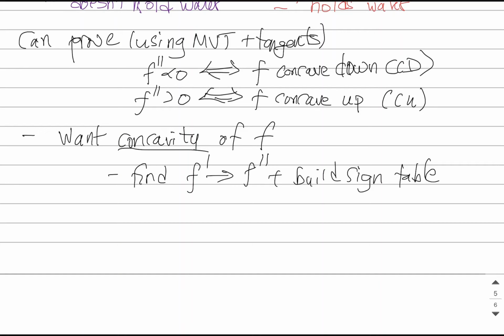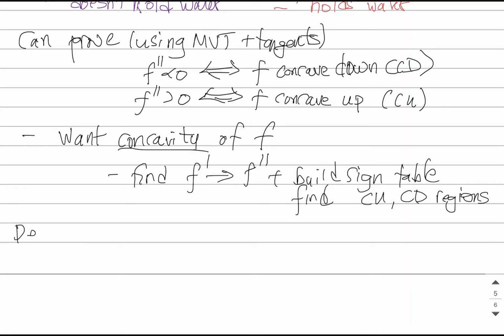Wherever the second derivative is positive, my function will be concave up. Wherever my second derivative is negative, my function will be concave down. So I'm going to find the regions of concavity.